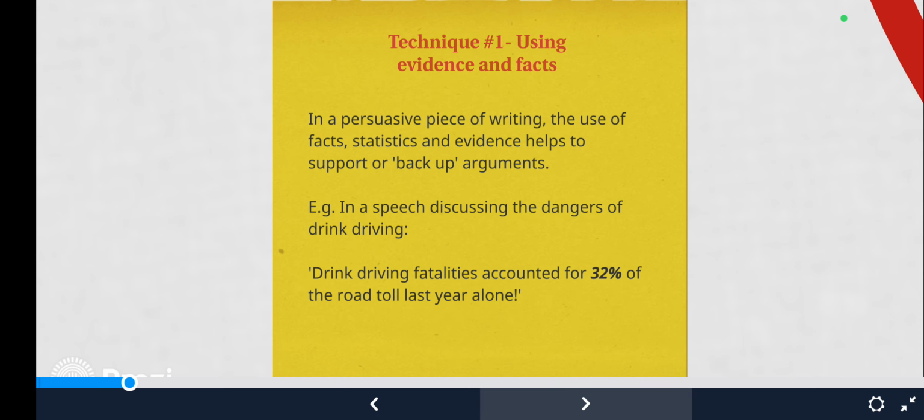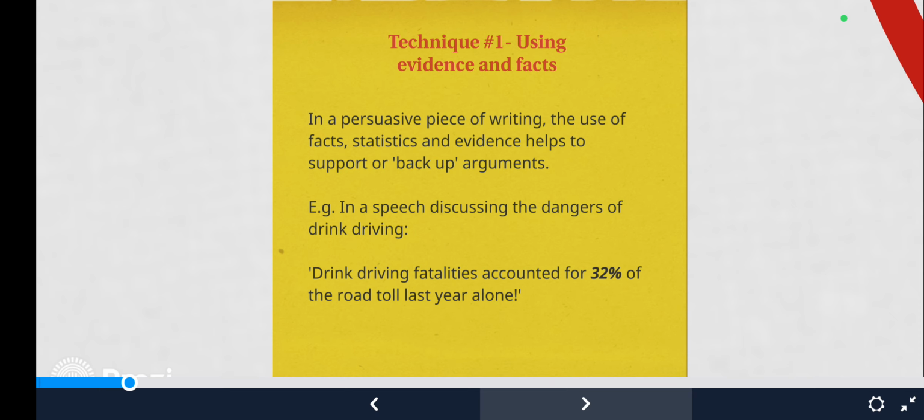You can use facts and evidence to show that the thing that you're talking about is very important and can be persuasive, because the facts give more support to the idea, or the service or the product, that you want to sell.